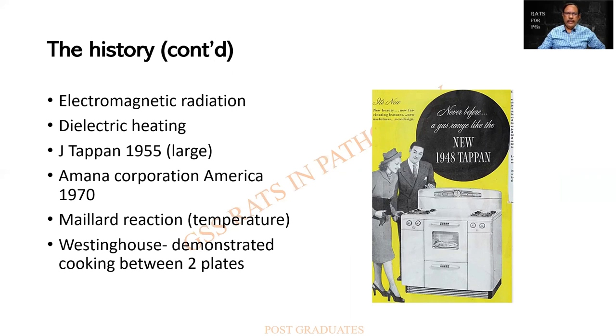This was followed by Amana Corporation in 1970, wherein they found a smaller version of the microwave. And there is a reaction called the Maillard reaction, which regulates the temperature. Westinghouse, on its part, demonstrated the cooking between two plates. So this is the historical background of microwave processing.